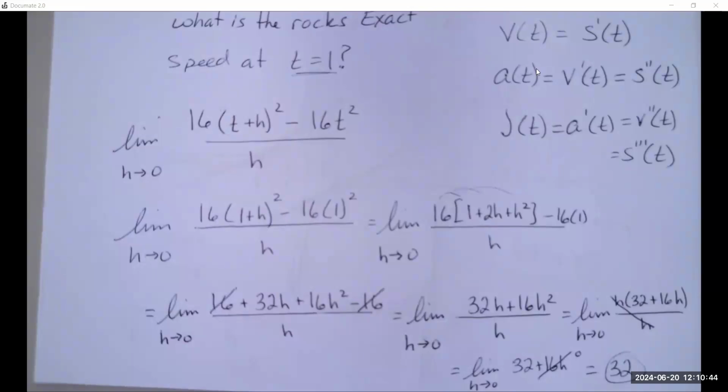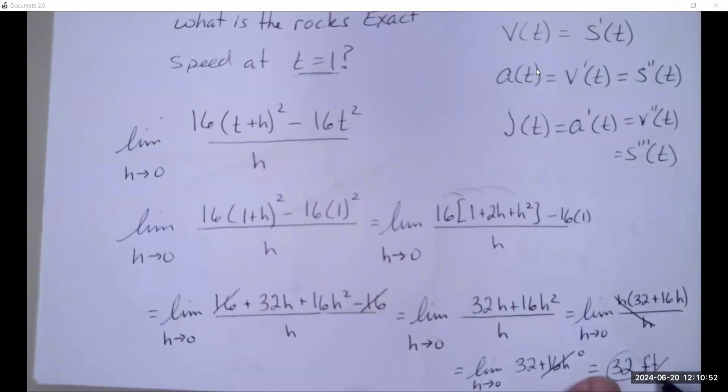The question asks, what is the rock's exact speed? It is 32 feet per second. The exact speed at t equals 1 is 32 feet per second. So far, so good.